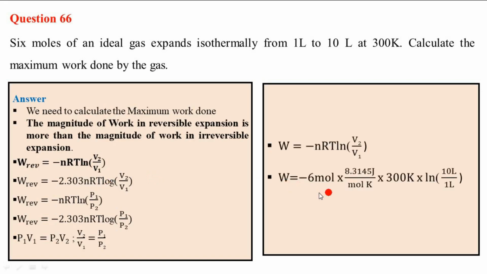We have 6 moles, the gas constant times the temperature, and then ln of 10 liter over 1 liter. That means this is the final volume over the initial volume. In this case, we see that the maximum work done will be equal to this value. The work done is negative because we are having the expansion.